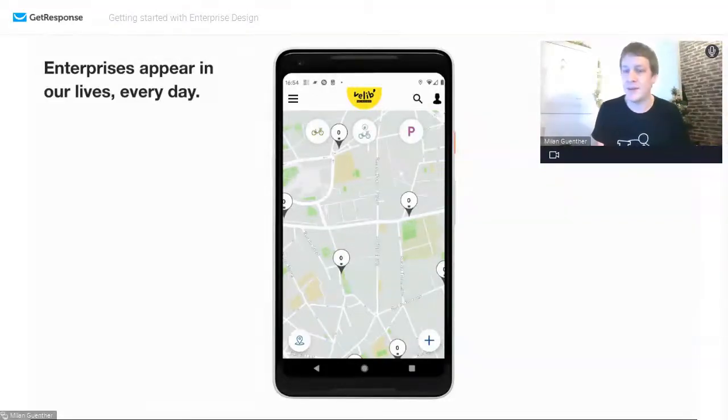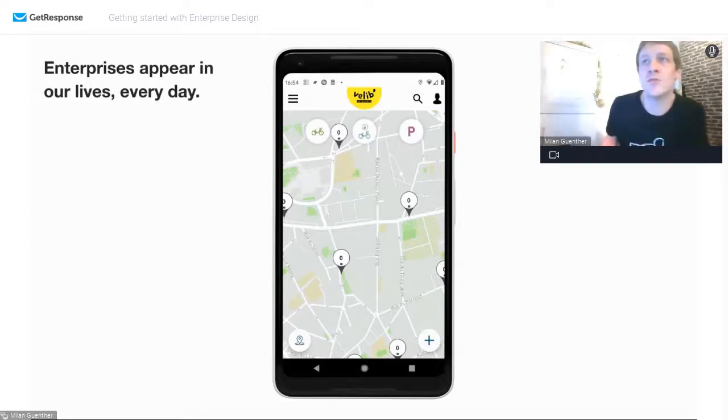Now, what is the user experience or the customer experience of this service? Is it the app? Or is it actually getting from A to B using bikes so that you don't have to take the metro, you don't have to get a cab, you don't have to take a long walk? So if you look at the actual task that I want to solve with the help of this enterprise, including the app, but also the bikes themselves, this is a big failure.